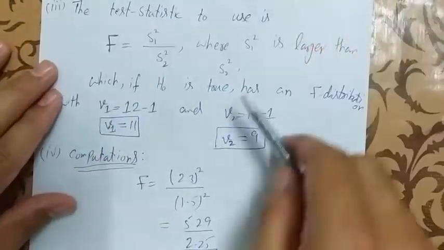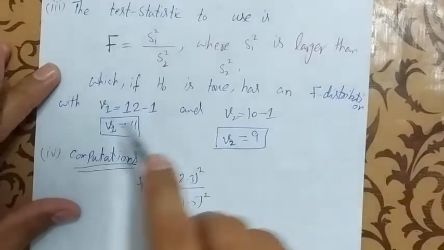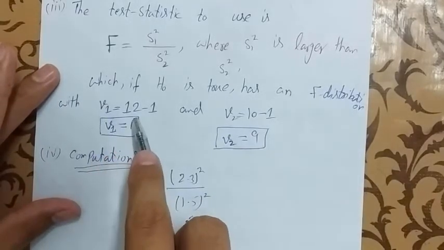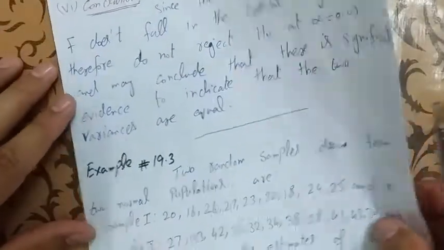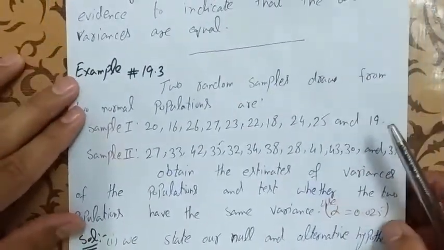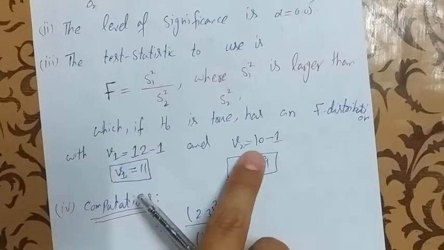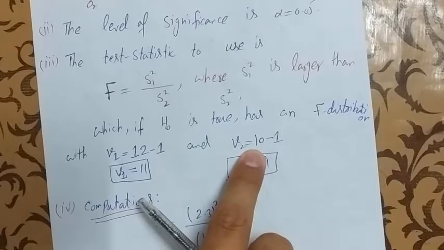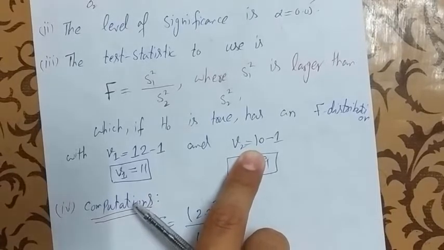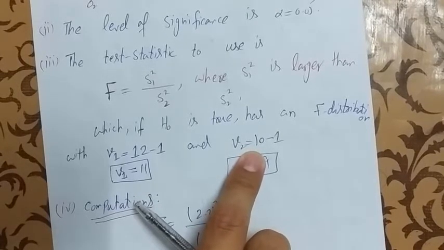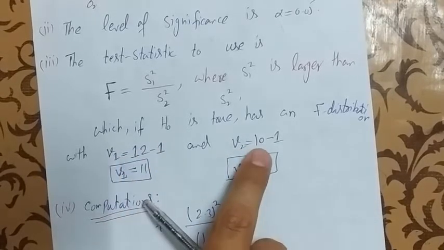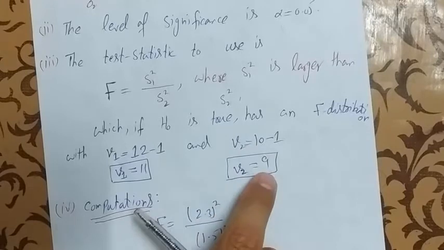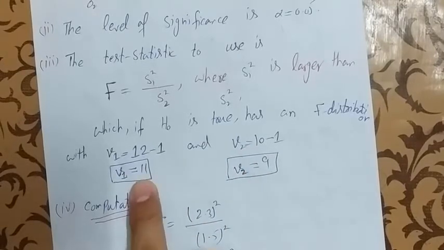If H naught is true, it has an F distribution with nu 1 equal to 12 minus 1, because n1 is given in the problem as 12, and n2 is given as 10. So nu 2 is equal to 9 and nu 1 is equal to 11.